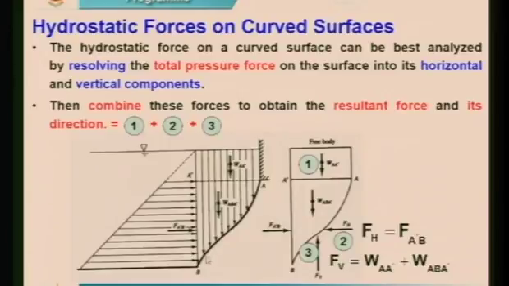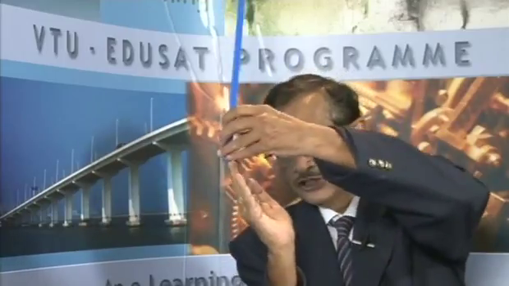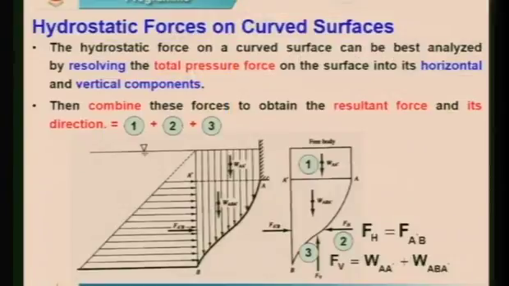My dear friends, in this case, the hydrostatic force on a curved surface, if you see, this is a small surface, exactly like my hand. If you see the diagram, it is like this. Anyway, I cannot hold it properly, but still, this is the water here. So this is the curved surface.